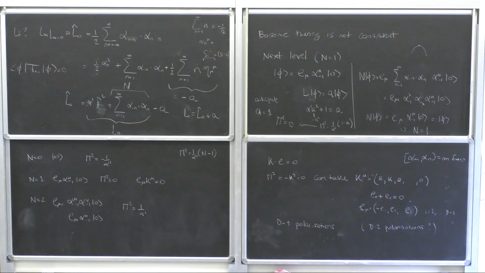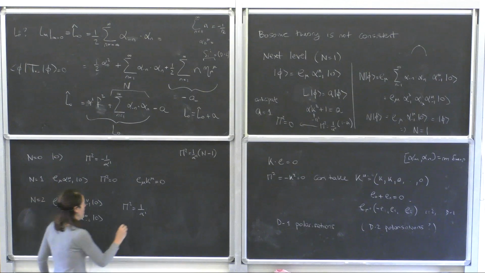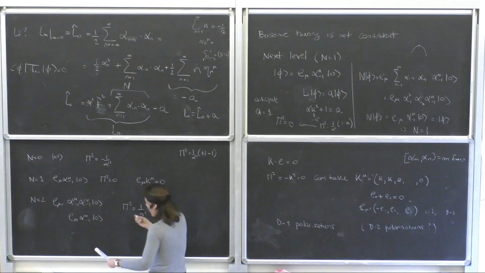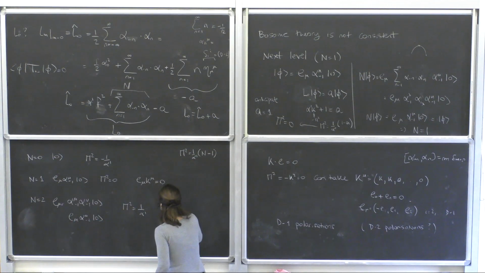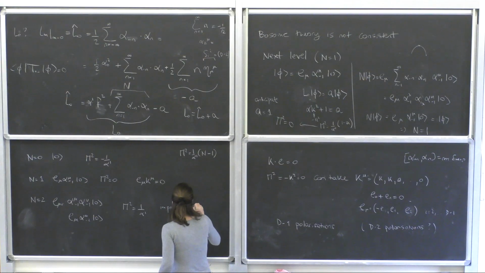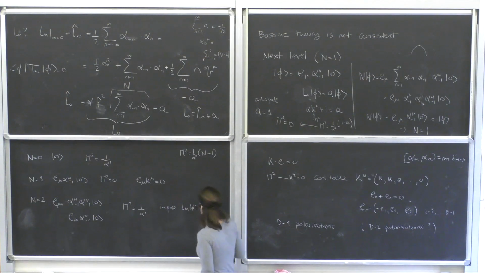And there's an exercise. It's good because it's to see the physical state conditions. They are non-trivial. Some of these states are non-physical. They have this mass, there are some physical states, but you need to impose Lm phi equals 0 for m equals 1 and for m equals 2.